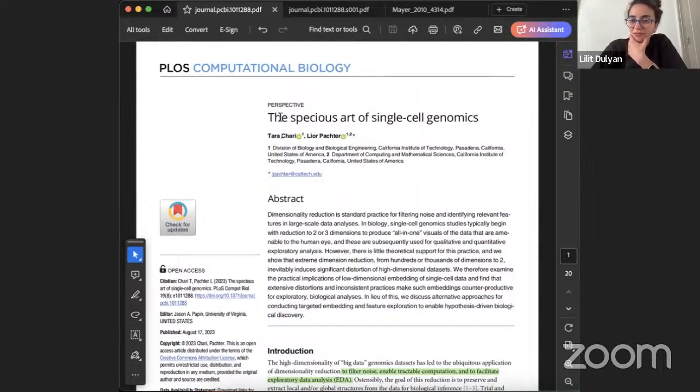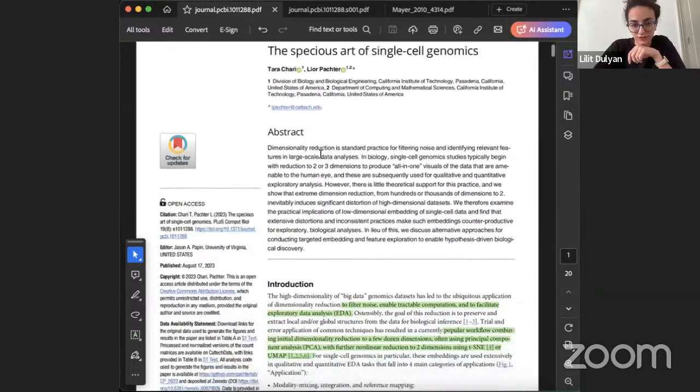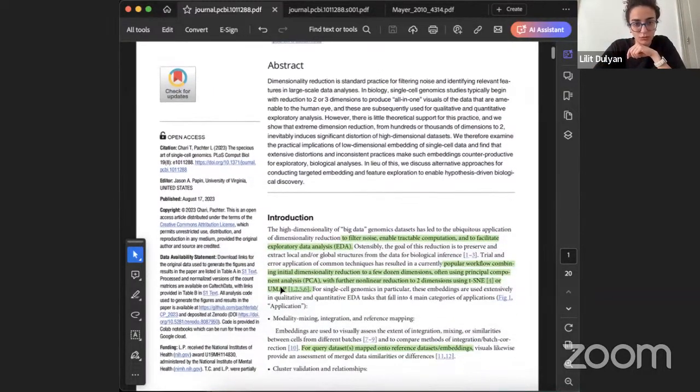The main reason is because Tara Akari and Lior Bachelor are challenging the methods that they use in their field, which happens to be the same method that we use. I'm talking about dimensionality reduction techniques such as linear principal component analysis and nonlinear methods such as UMAP and t-SNE.